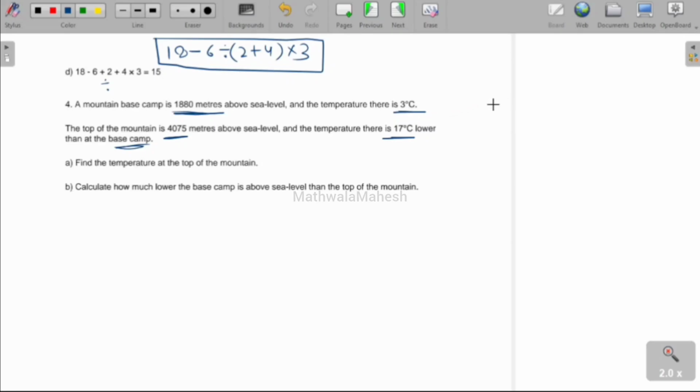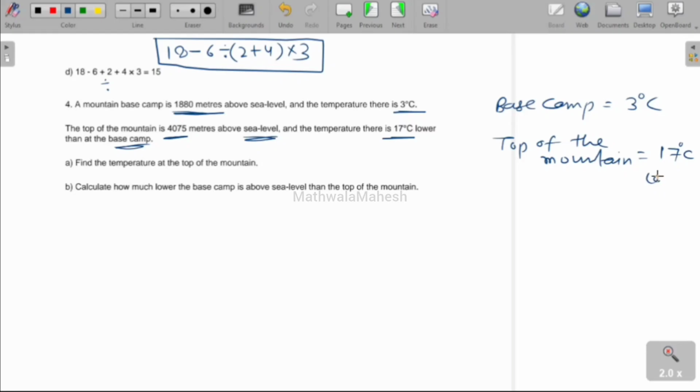So at the base camp the temperature is 3 degrees, and at the top of the mountain the temperature is 17 degrees Celsius lower than the base camp.